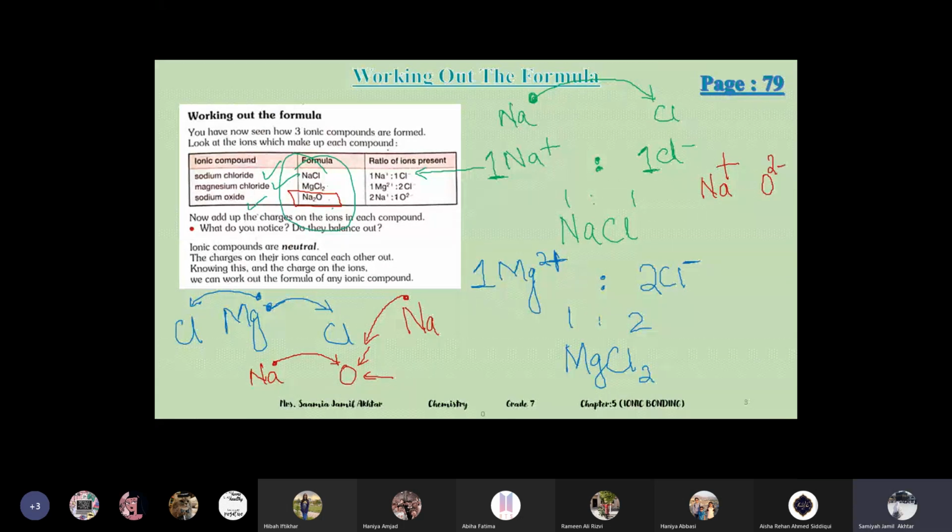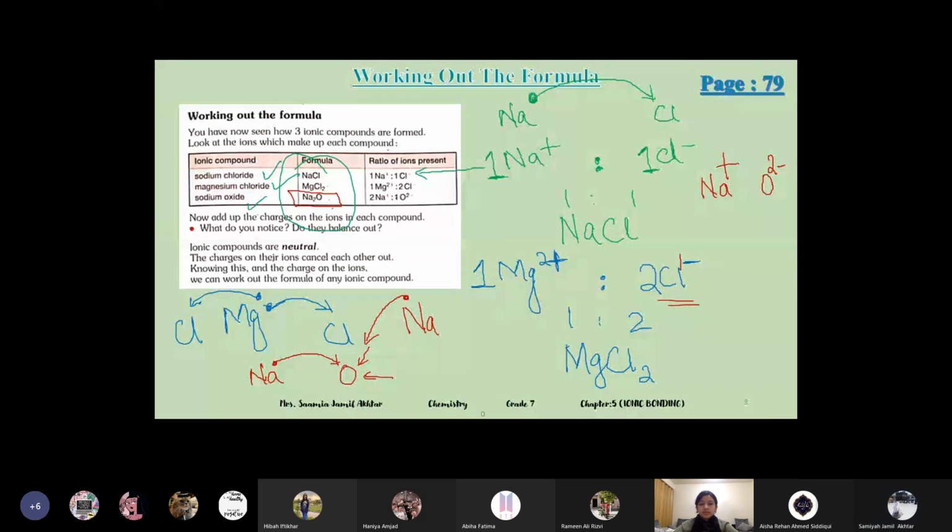The charges come according to how many electrons they are giving or receiving. Here, each chlorine is receiving only one electron, that is why 1 minus came on it. But in sodium oxide, oxygen needs and receives 2 electrons, so that is why 2 minus came on it.